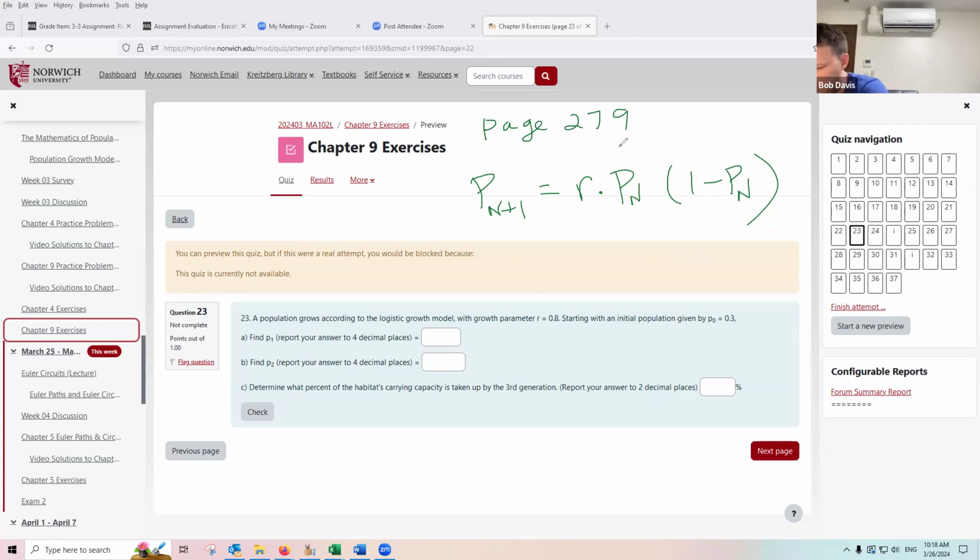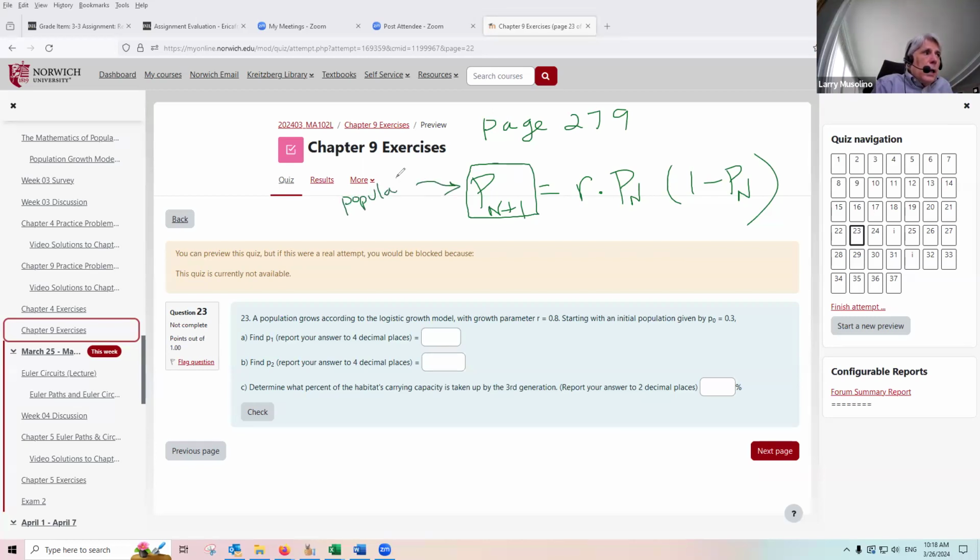I found there were three: the proportion of population formula, the population formula, and this is the fraction of carrying capacity. This is the way you figure out the population at any time. And this is kind of like a recursive formula, with N plus 1.